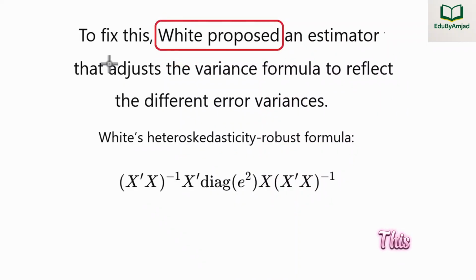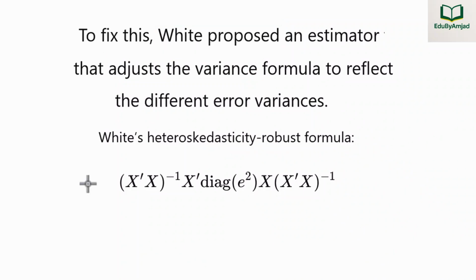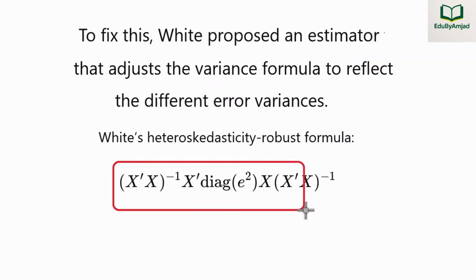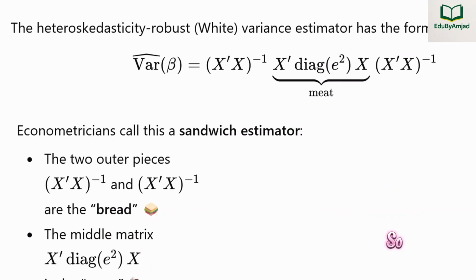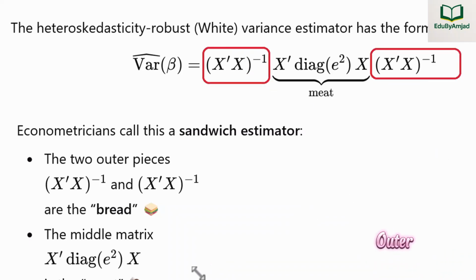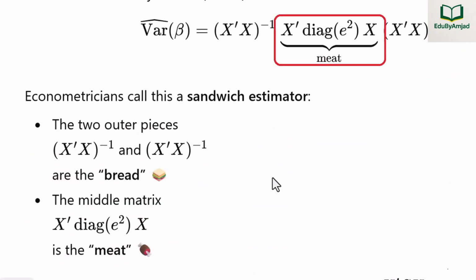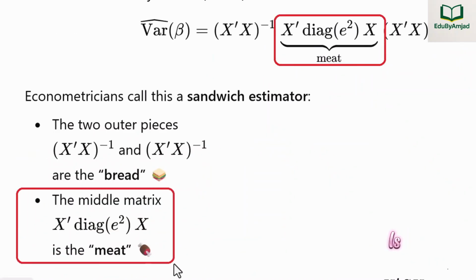To fix this, White proposed an estimator that adjusts the variance formula to reflect the unequal error variances. The formula looks intimidating, so econometricians invented a mnemonic device called the Sandwich Estimator. The two outer matrices are the bread, and the middle matrix is the meat.